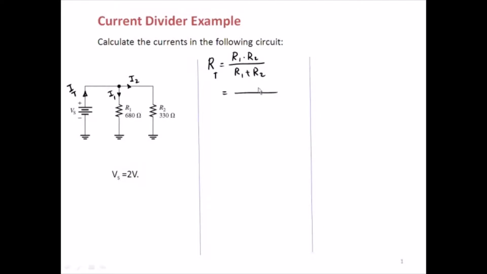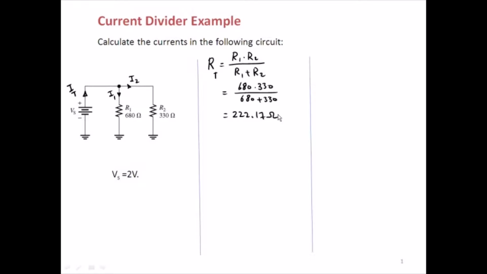This gives me R1 is 680 ohms multiplied by 330 ohms over 680 plus 330 ohms. This gives me roughly 222.17 ohms.